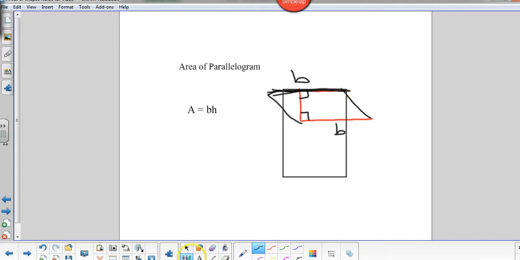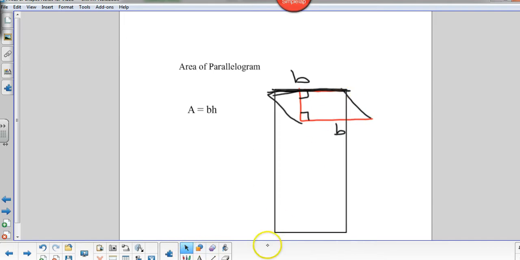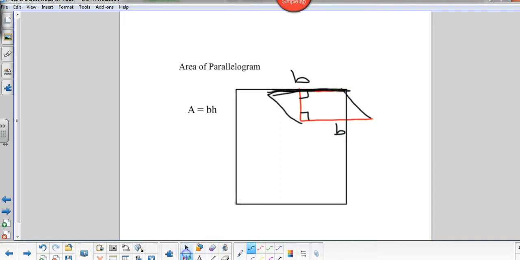And now the main part here is that the right angle, or the height, which is in the middle here, is not one of the sides anymore. So we just have to be careful about that.